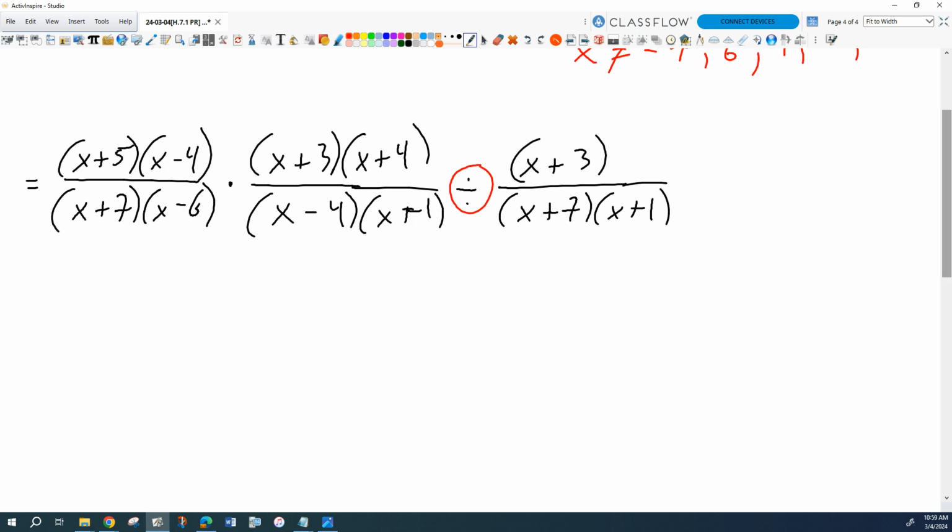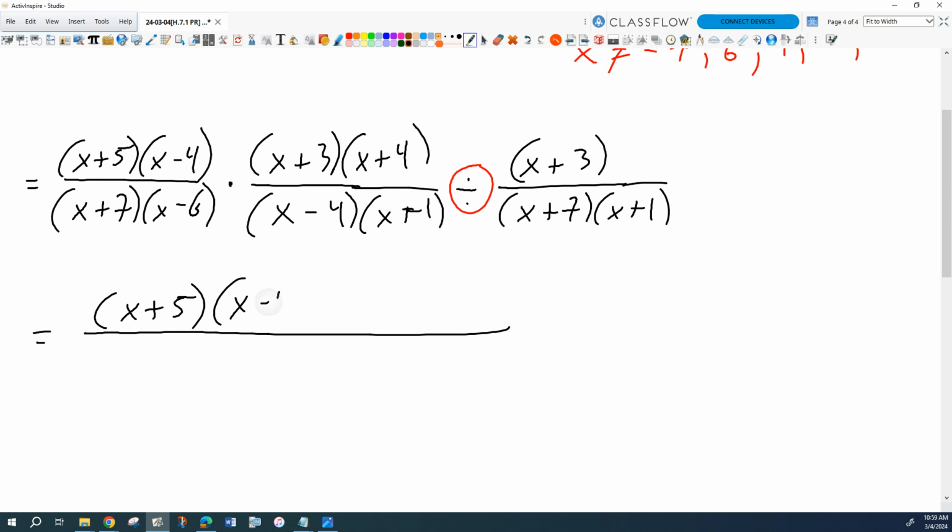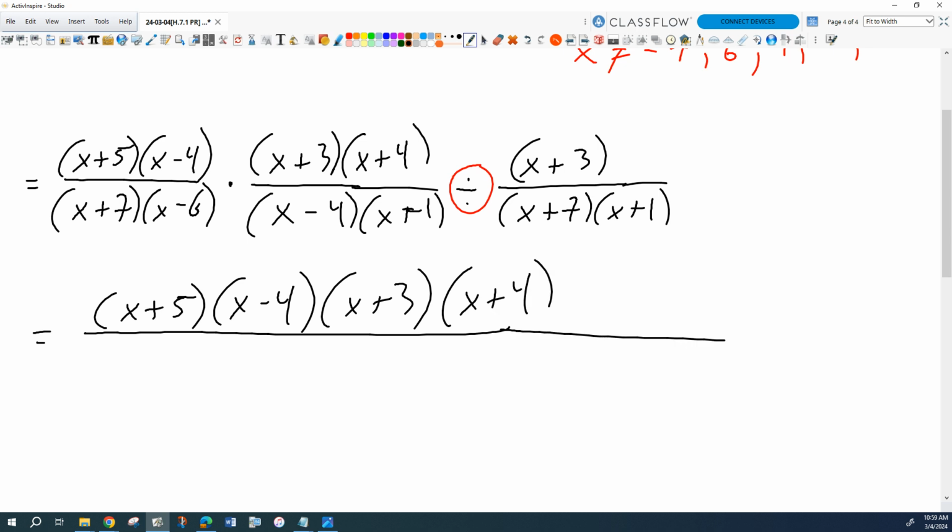And so we end up with, let's go ahead and make one big division bar while we're at it. X plus 5 times X minus 4 times the quantity X plus 3 times the quantity X minus 4. What used to be in the denominator goes to the numerator.